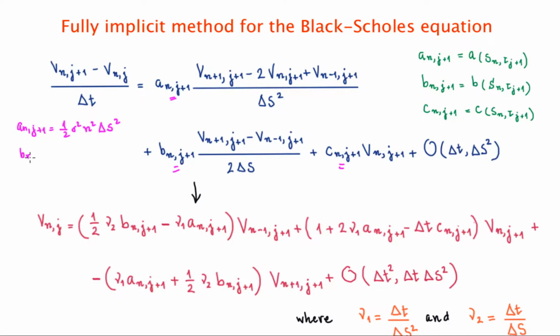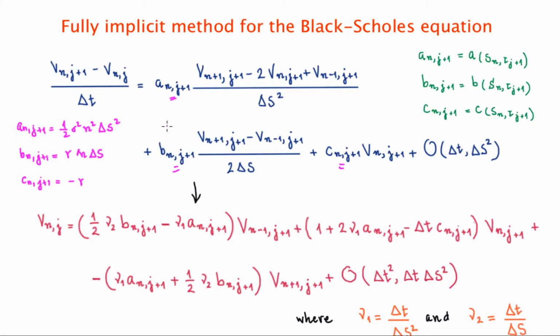On the other hand, this B_n evaluated at time j plus 1 is going to be r times S, so r times n delta S. On the other hand, the C, which is going to be C_n at j plus 1, is going to be minus r. So these are the ones that we need to plug here in order to have the definite expression.